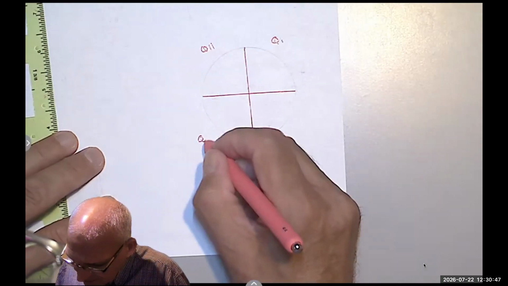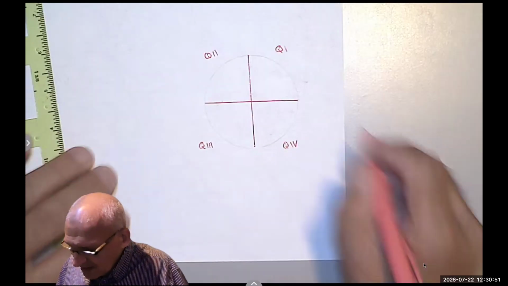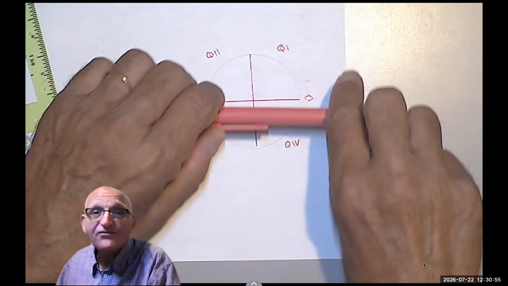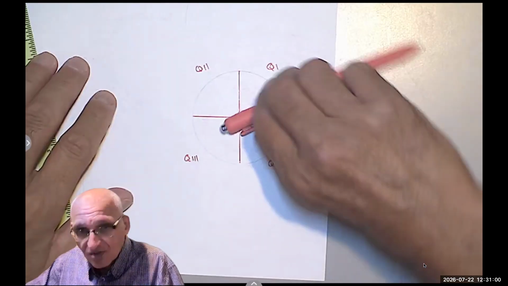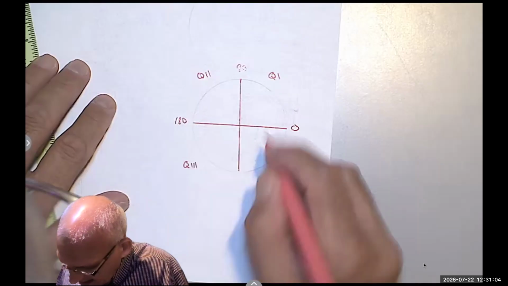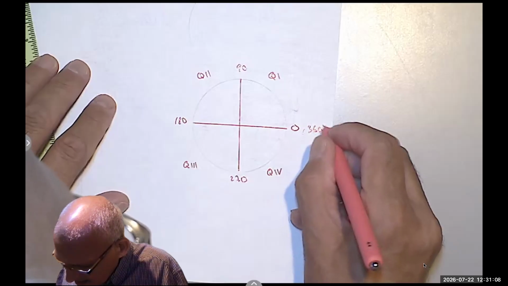This is quadrant 3. And this is quadrant 4. So the angles, this angle is 0. I'm going to start counting from the horizontal positive x-axis going counterclockwise. So that would be 90, that would be 180, that would be 270, and that would be 360 degrees.